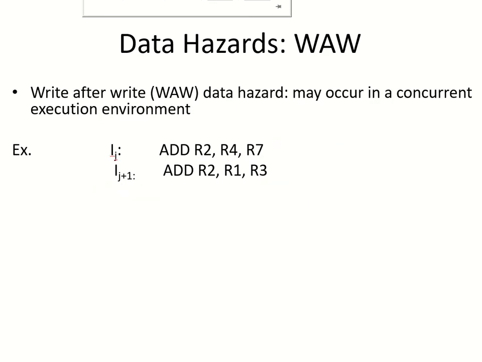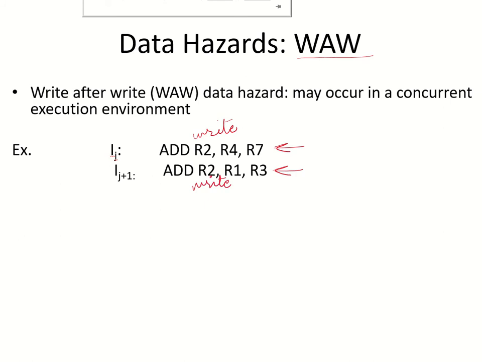Another hazard is called write after write. In Ij, R2 is being written. Here also in Ij+1, R2 is being written again.